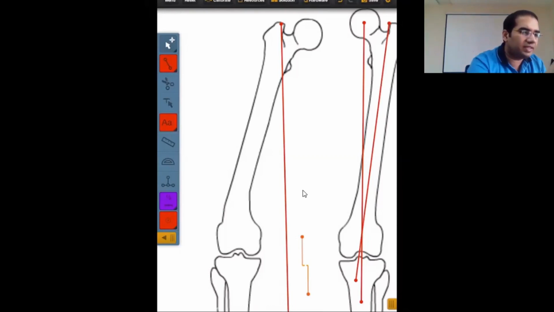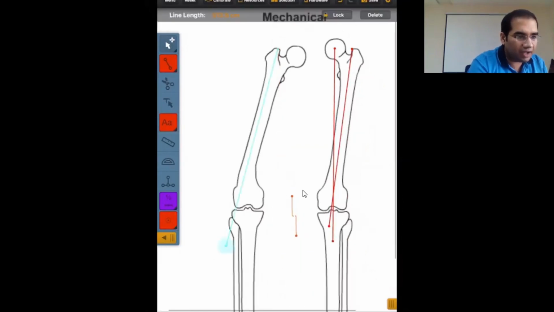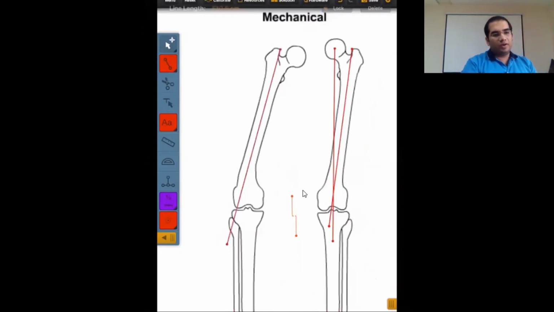So we have to devise an alternate way of counter-checking our mechanical axis. Okay, so we have drawn the normal anatomical axis line, the mid-diaphyseal line, on the abnormal femur.